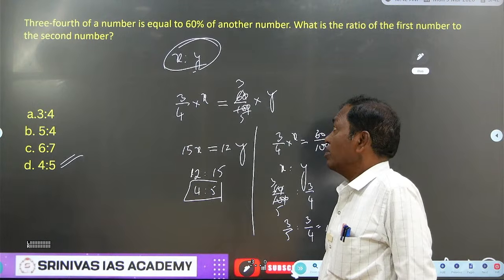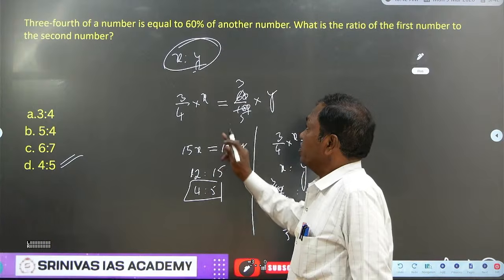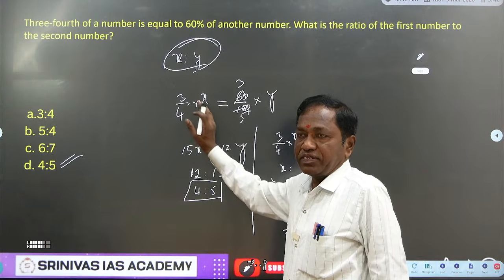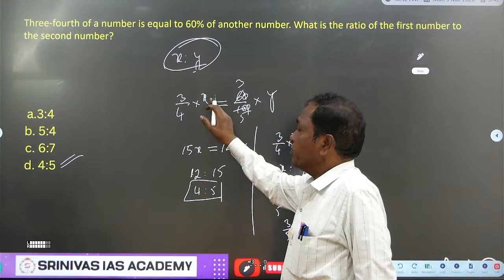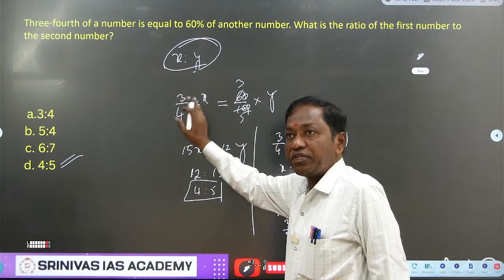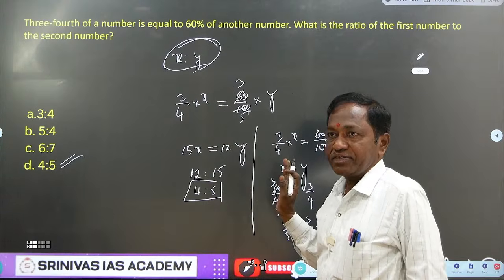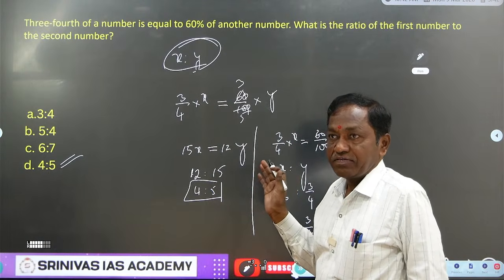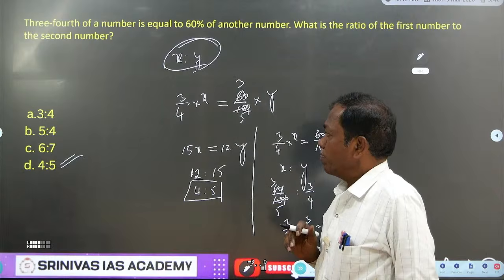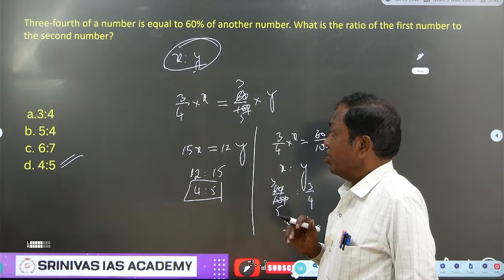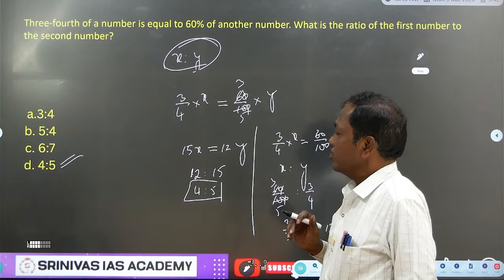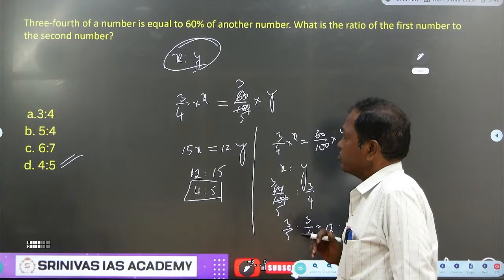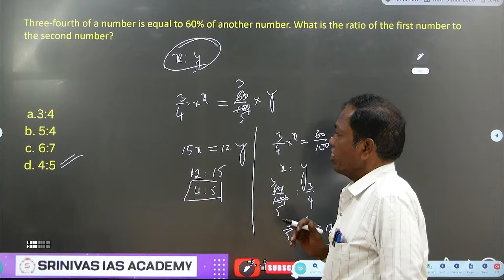See, there are two numbers here. x is one number, another number is also there. When multiplying, if we retain x in the same place, the other number should be shifted to the right-hand side, interchanging. That I understood, sir. But my question is, we are taking 4 is to 5, because 12 is to 15, because we know the option as 4 is to 5. We don't know the answer. That time we get the answer as 5 is to 4 only, sir.